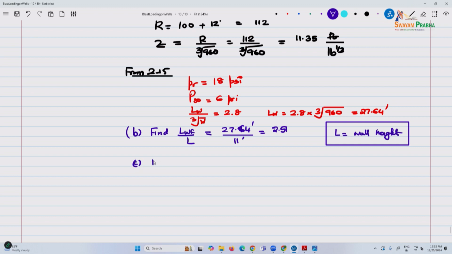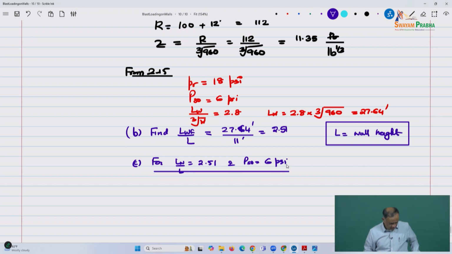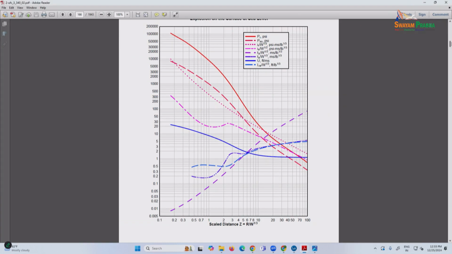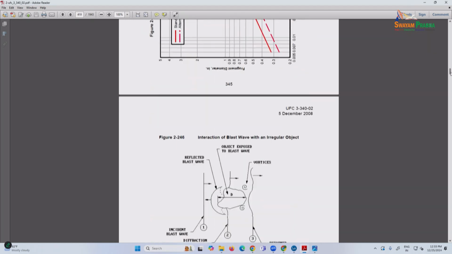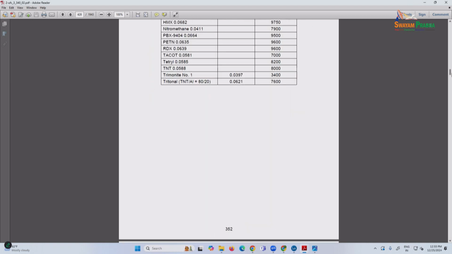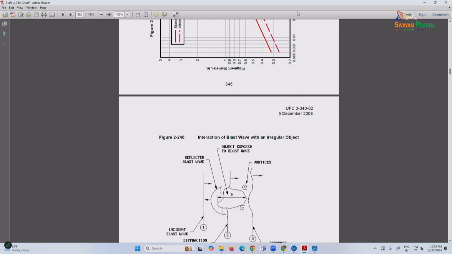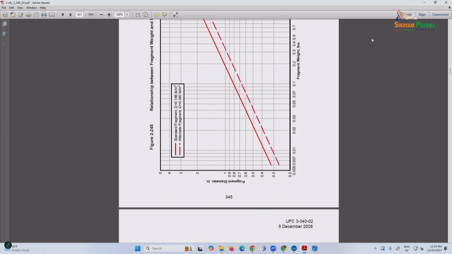Then go further down. For LW by L equal to 2.51 and PSO equal to 6 psi, then going back to 2-196.